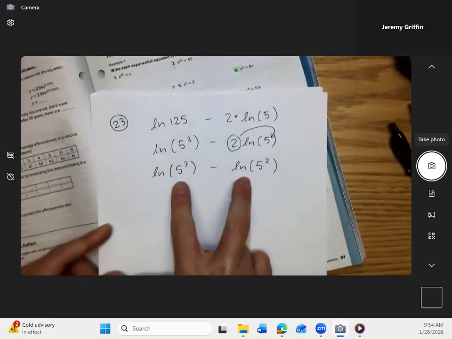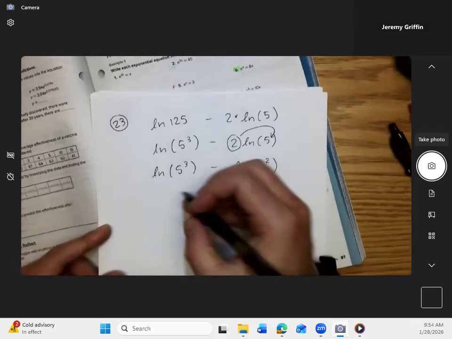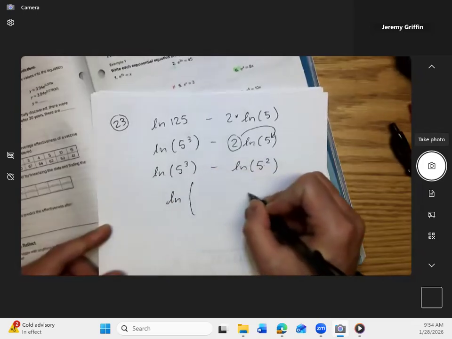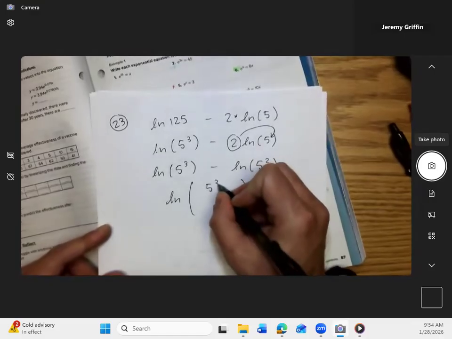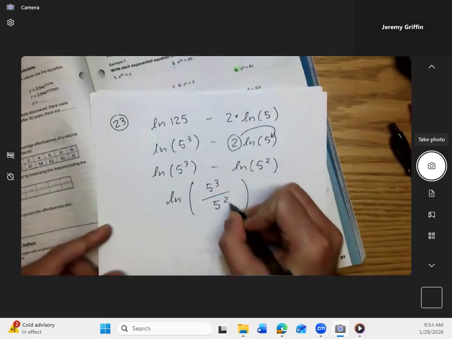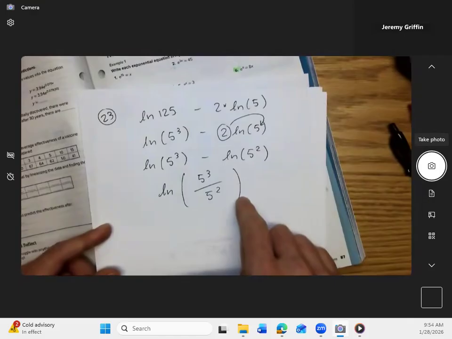And if I'm subtracting 2 logarithms, how can I consolidate that into a single logarithm? Natural log of 5 cubed divided by 5 squared. Yeah, so now we have a single natural log: 5 cubed over 5 squared.